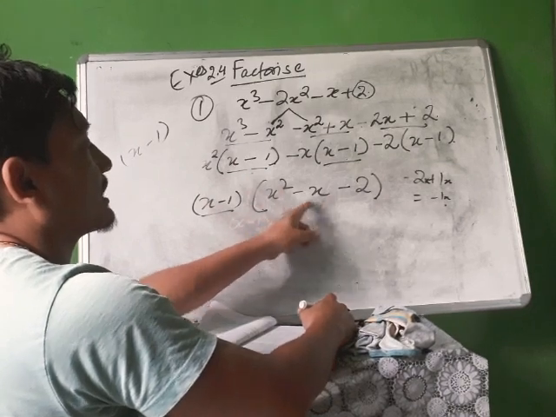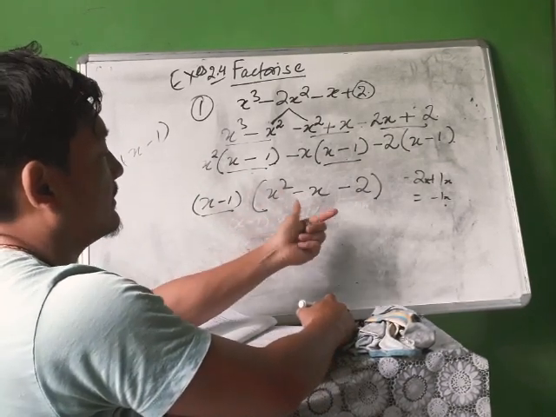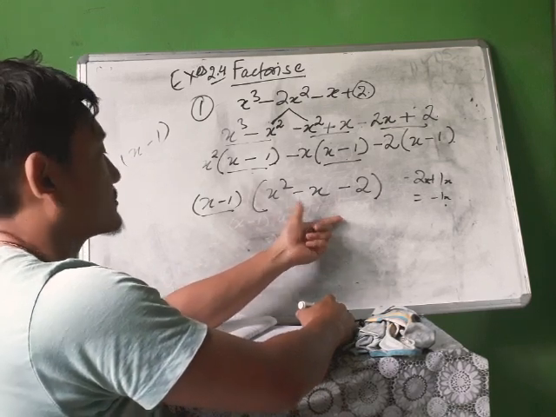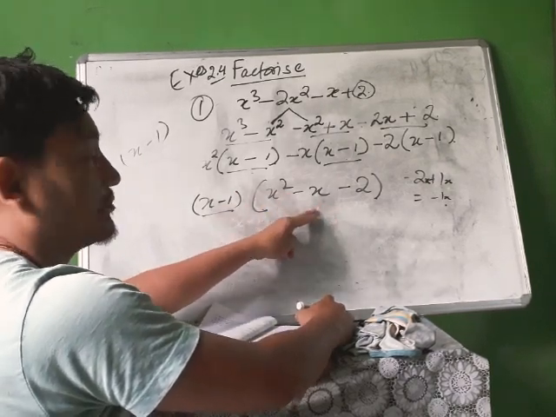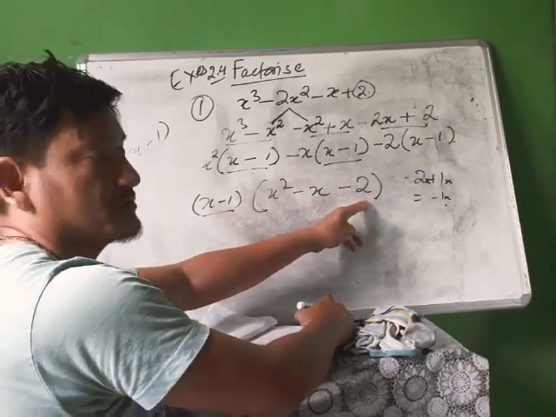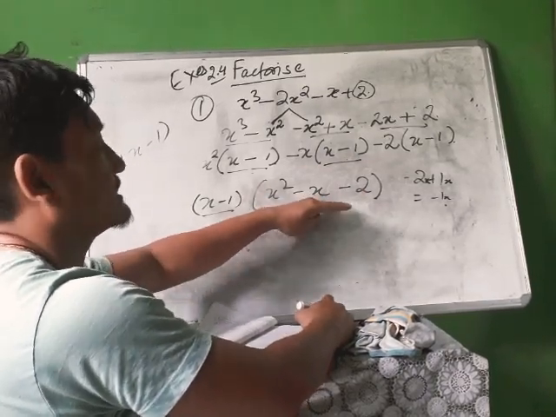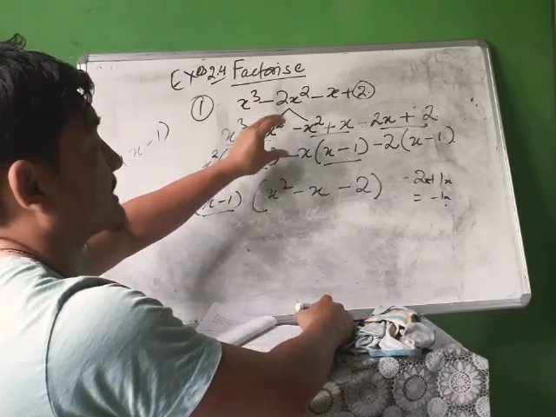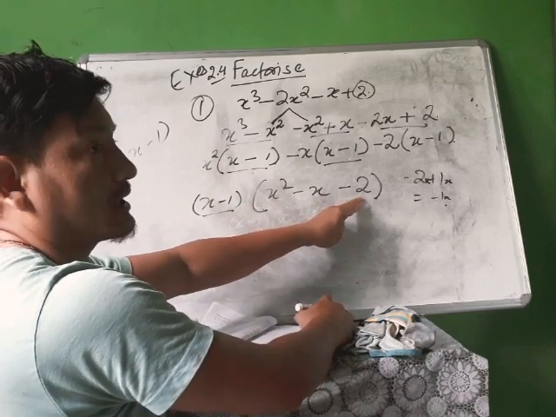Now from this quadratic polynomial, which I have already told you, you will get 2 more factors. So one is already out, so the remaining 2 will come from this quadratic polynomial. x square minus x minus 2 is another quadratic polynomial. So we will try to factorize this also. So one of the factors is already done in these 2 steps. Now we'll move to the quadratic polynomial.